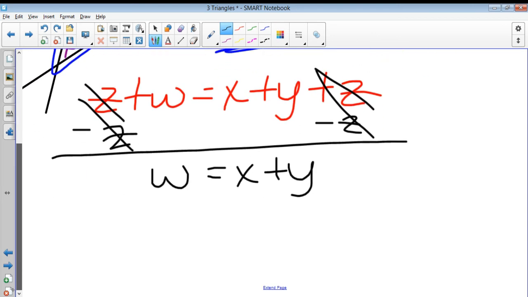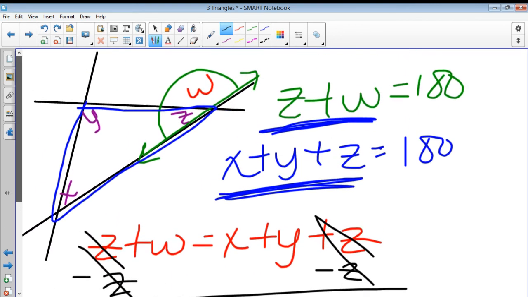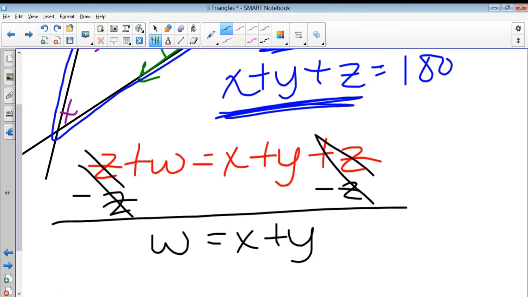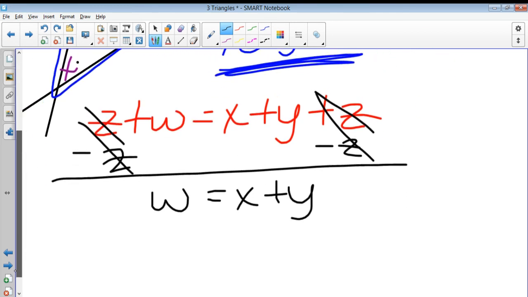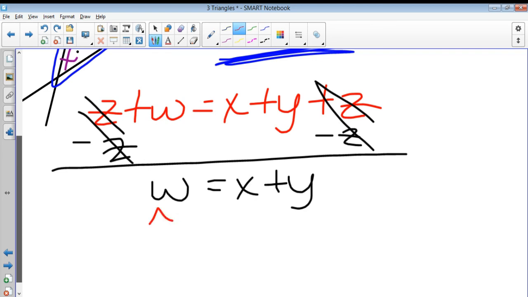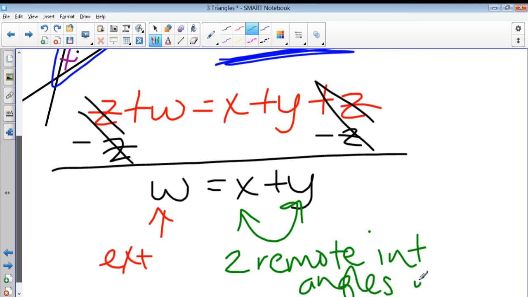This is our mathematical truth, that the exterior angle w is equal to the sum of the two remote interior angles. So this is our exterior angle, and these guys are the two remote interior angles of the triangle.